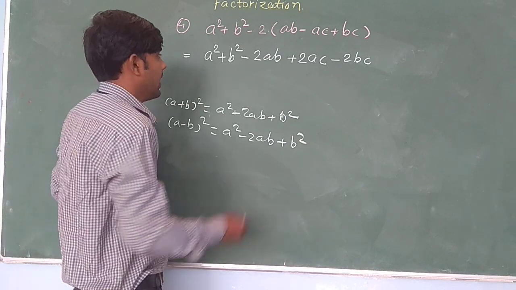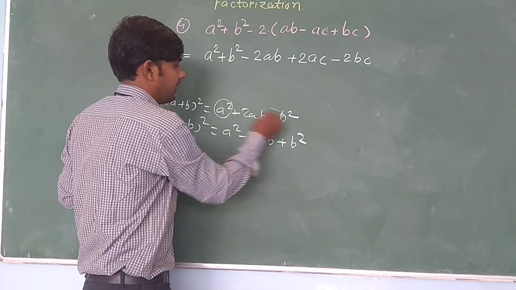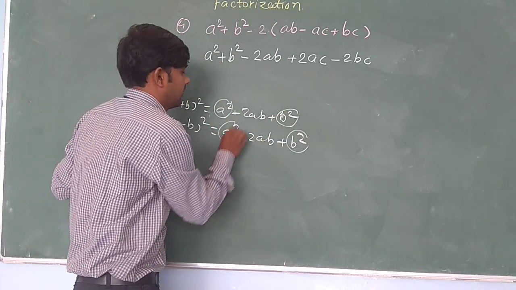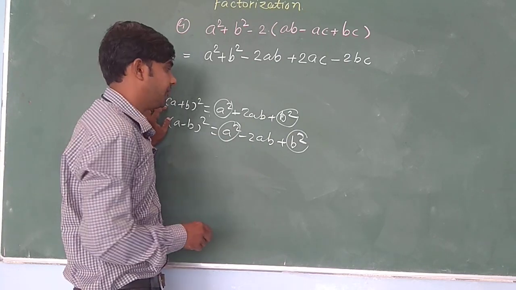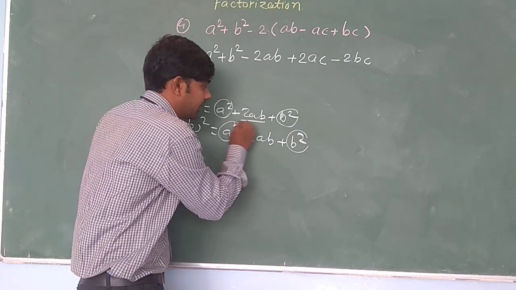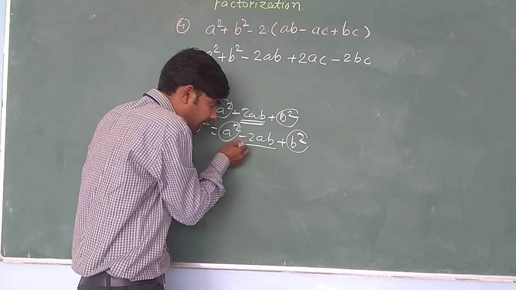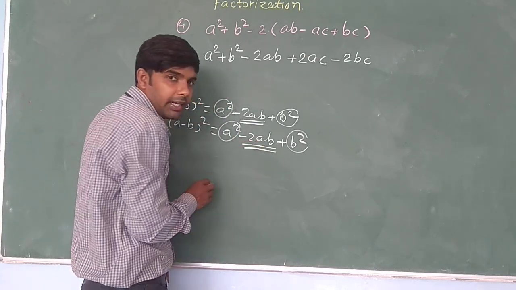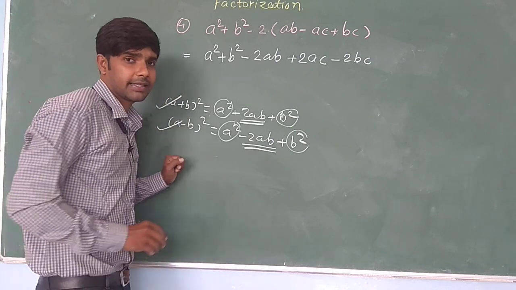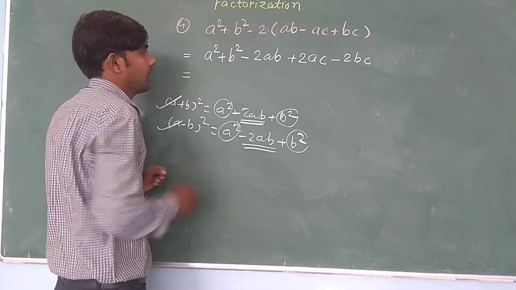The two terms a square and b square are already given. So if you get this plus 2ab term here, then use this identity, and if there is a minus 2ab term, then use the second identity.